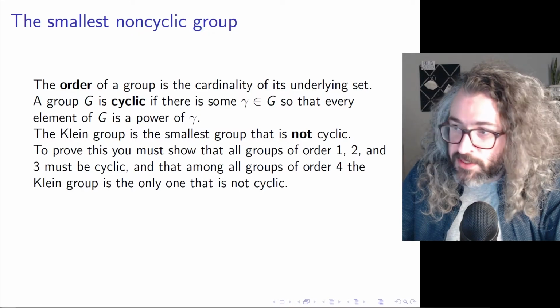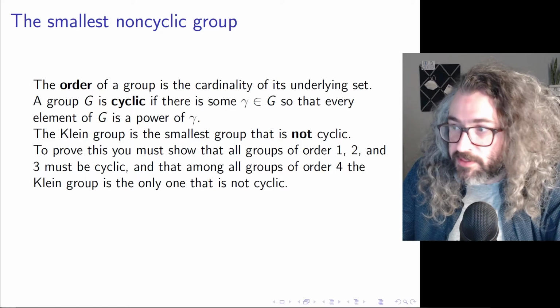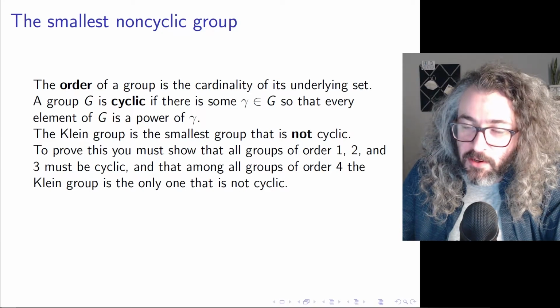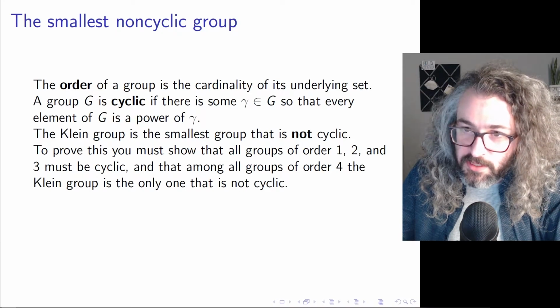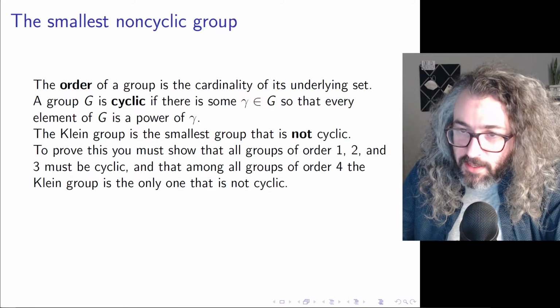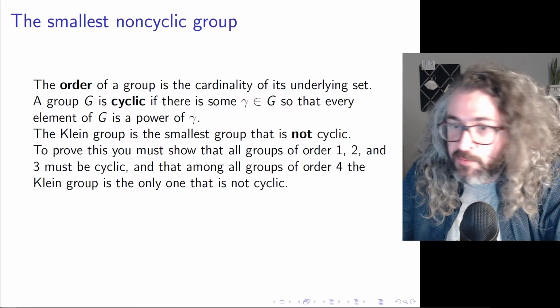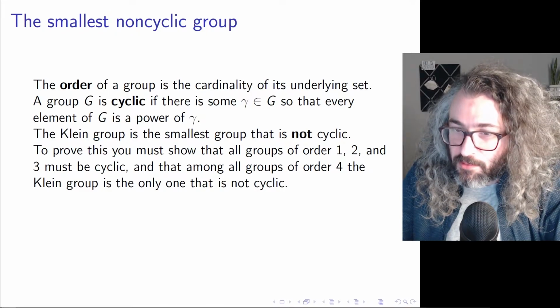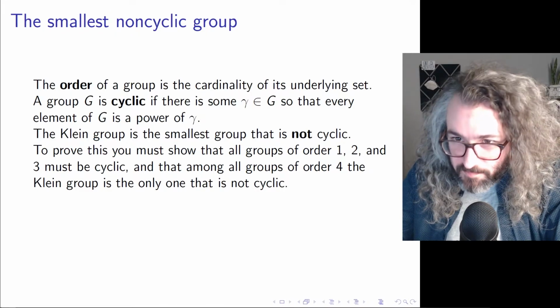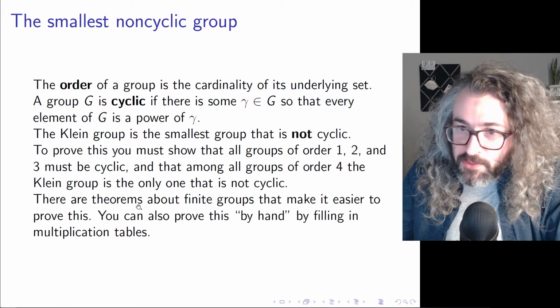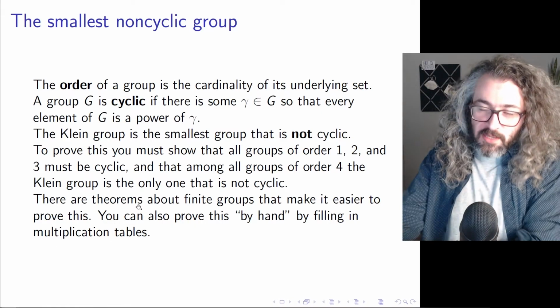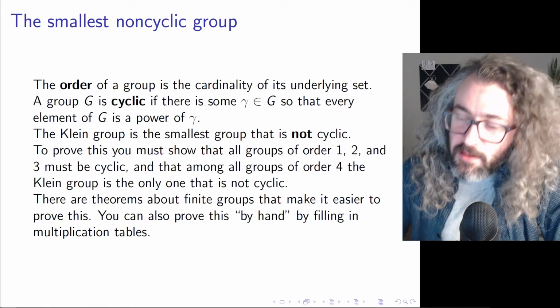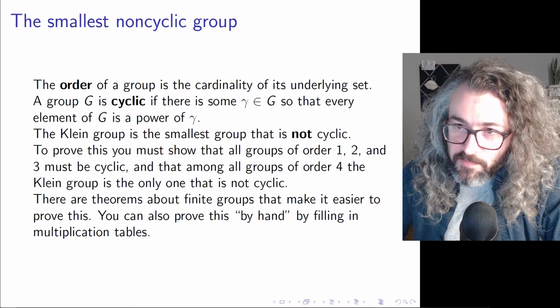So to spell out what this means, if you want to prove this, you'd have to show that all groups of orders 1, 2, and 3 are cyclic. And if you've got a group of order 4, it's either cyclic or it's isomorphic to the Klein group. There's a bunch of theorems about finite groups that make it easier to prove this. I think you can prove it by hand though.